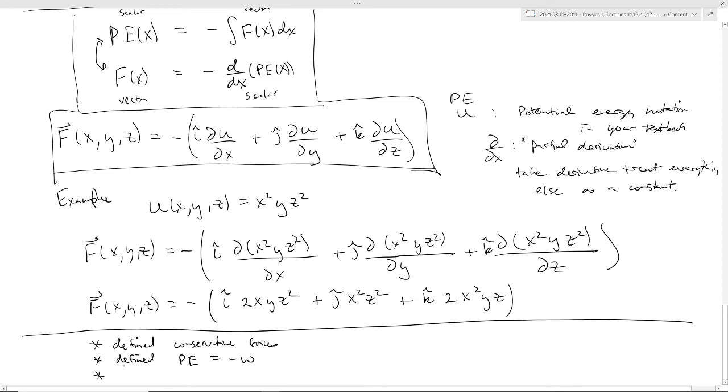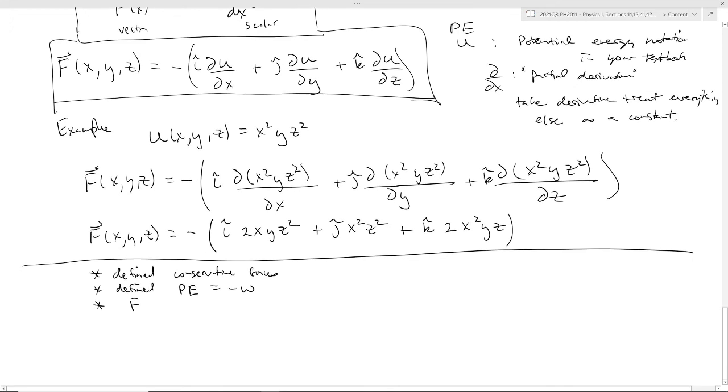And we also made this connection between force and potential energy, basically by calculus, and how we can go back and forth, which is kind of neat. We'll do some more sophisticated examples in class, but hopefully this gives you some helpful information for the first couple sections of Chapter 8, sections 8.1 and 8.2.